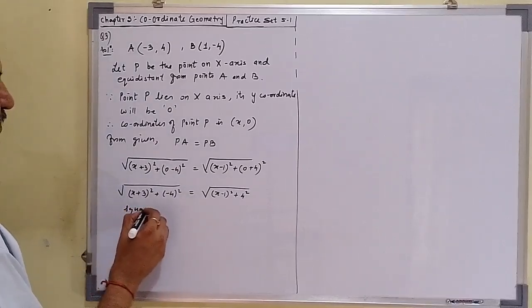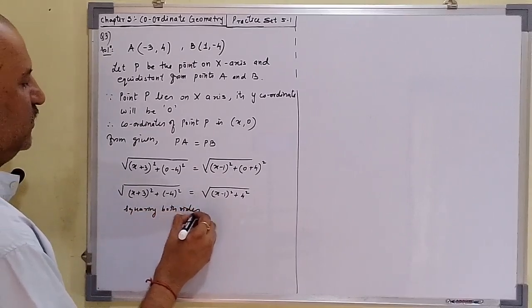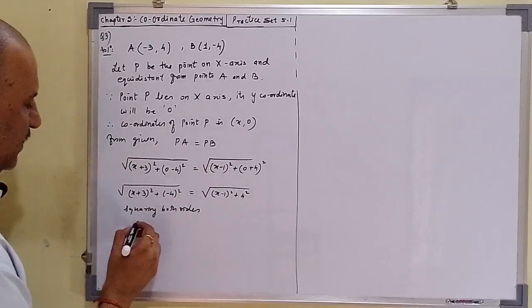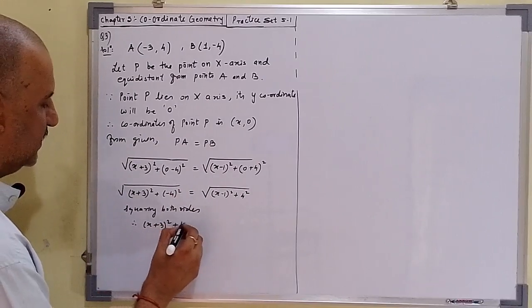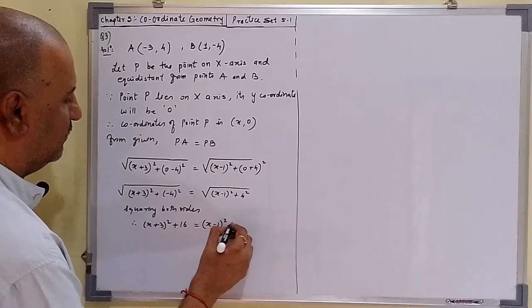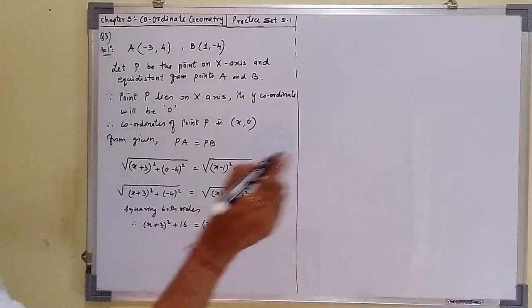Squaring both sides करेंगे तो दोनों का स्क्वायर रूट निकल जाएगा. So we get (x plus 3) the whole square plus 16 equal to (x minus 1) the whole square plus 16. देखो अब ये 16 निकाल दो.